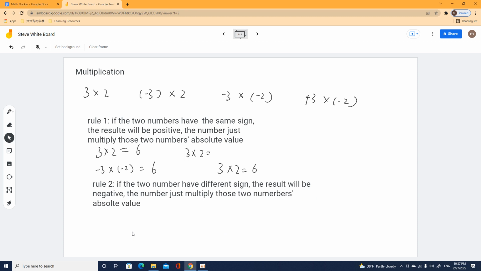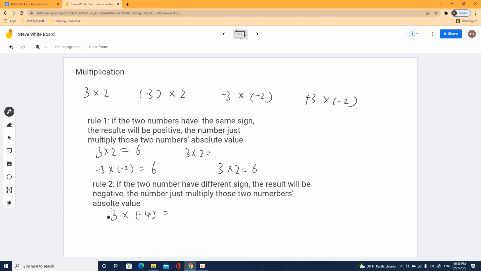For example, 3 multiply -4. You see here, the first number, the sign is positive. The second number, the sign is negative. So they don't have the same sign.